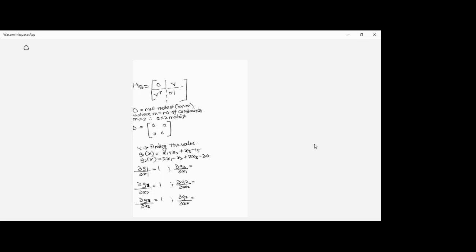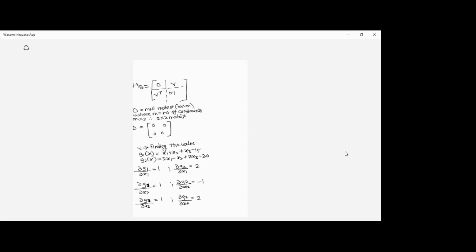So ∂G2/∂x1 will be equal to 2, ∂G2/∂x2 will be equal to -1, and ∂G2/∂x3 will be equal to 2.